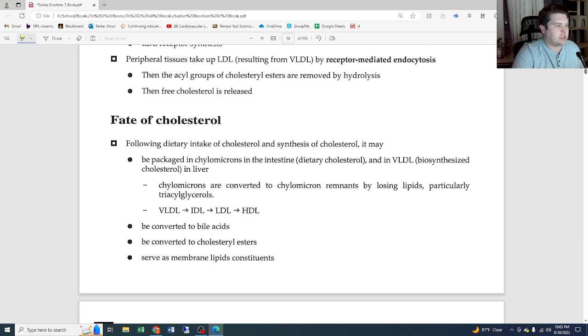So it's in the form of triglycerides, AKA triacylglycerols. Those triglycerides get packed into the chylomicrons. As the chylomicrons drop those off, they're converted to chylomicron remnants as they lose those lipids.